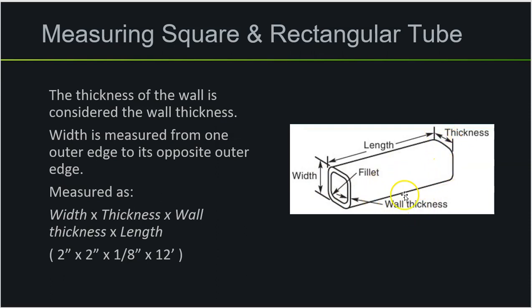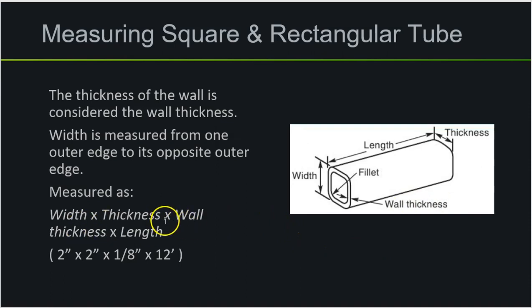So there are two different thicknesses here. Be careful which one you write down for thickness and which one you consider the wall thickness. For all intents and purposes, let me disregard thickness, and we'll just say width by width and then wall thickness. That sounds a lot better.